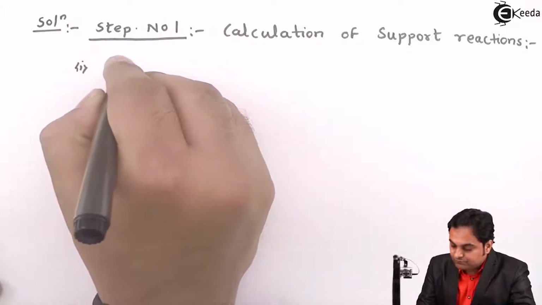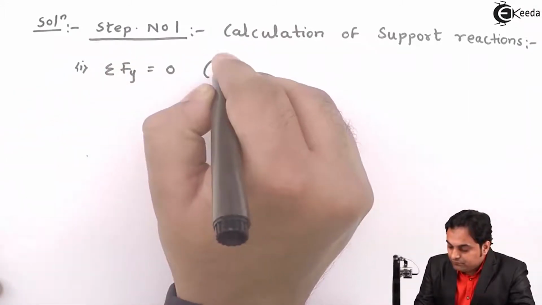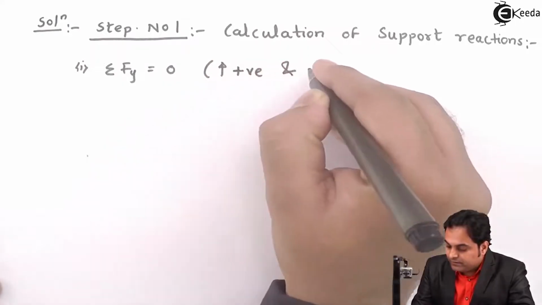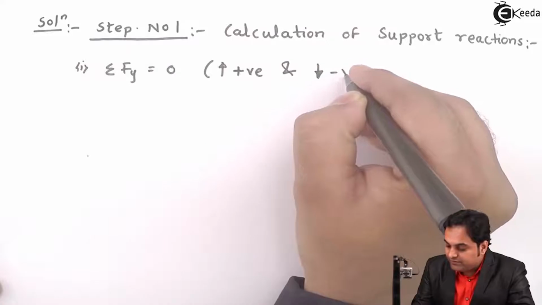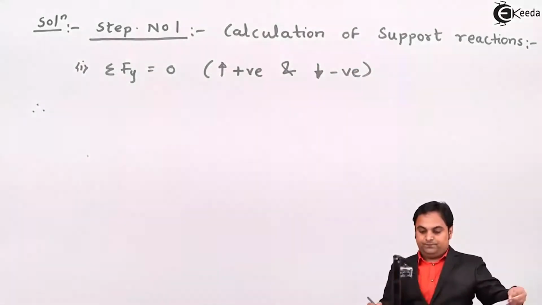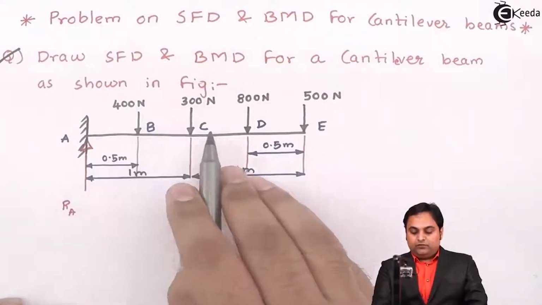summation of Fy is equal to 0, where upward forces are positive and downward forces are negative. Therefore, Ra is acting upward, remaining all forces are downward.